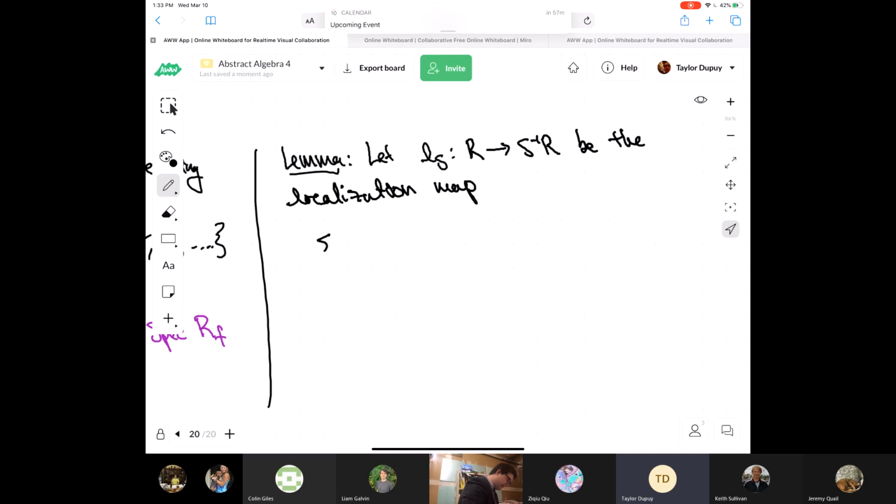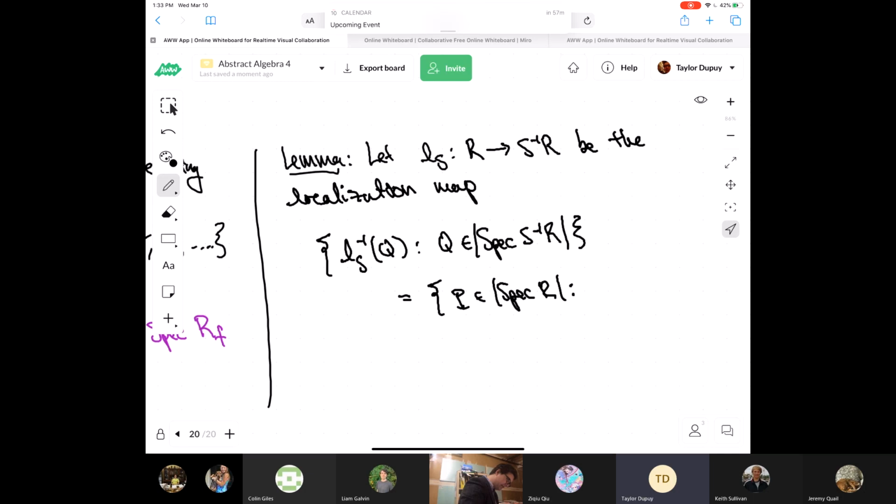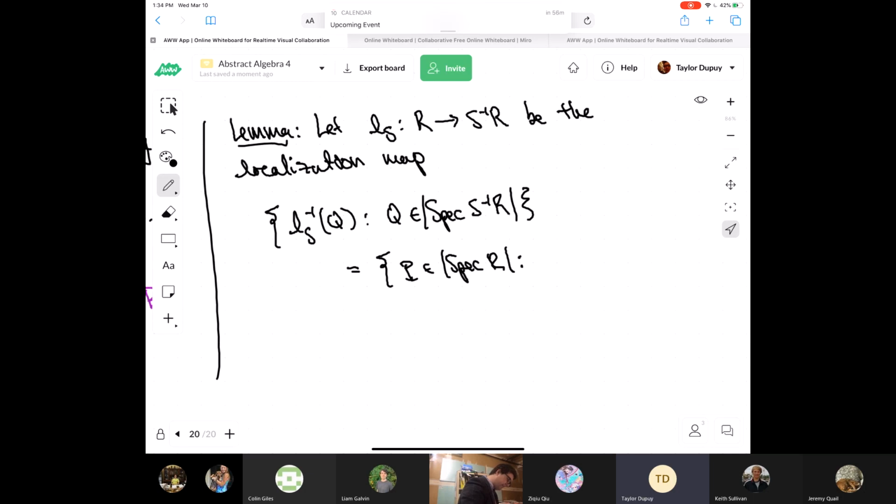Then the set of l_S inverse of Q, for Q in Spec of S inverse R, is equal to the set of prime ideals P in Spec R such that P intersect S is the empty set.